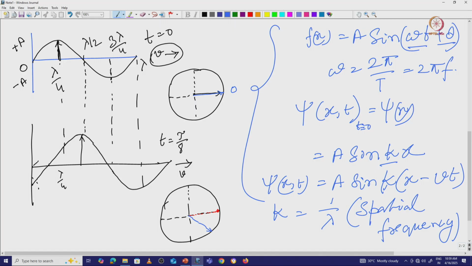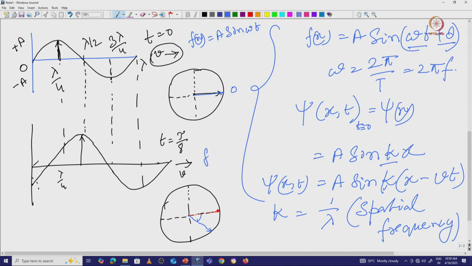Now if we consider the initial equation of any function, it will come as a sin omega t, because there is no phase change. But here you can see there is a phase change, and that is some angle, we can consider it is 45 degrees.